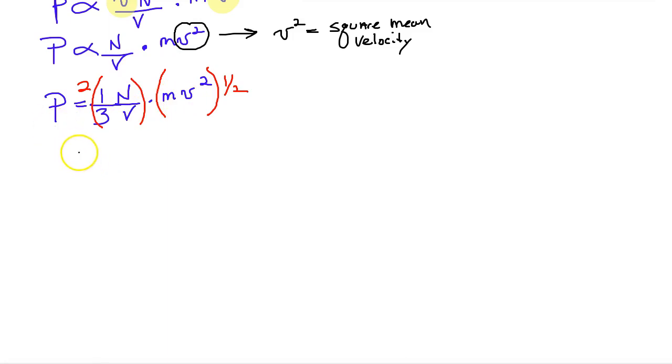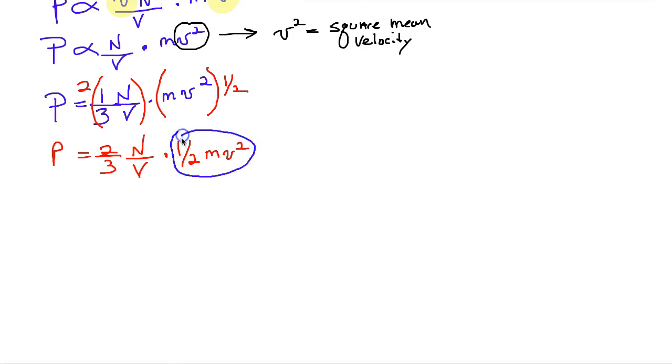But in the meantime, what I get here is pressure is equal to 2/3 N over V times, and this is what I wanted, 1/2 mu squared. And so what I have here is my kinetic energy, and that's important. I want it to come out. So rewriting this, pressure is equal to 2/3 N over V times the kinetic energy.